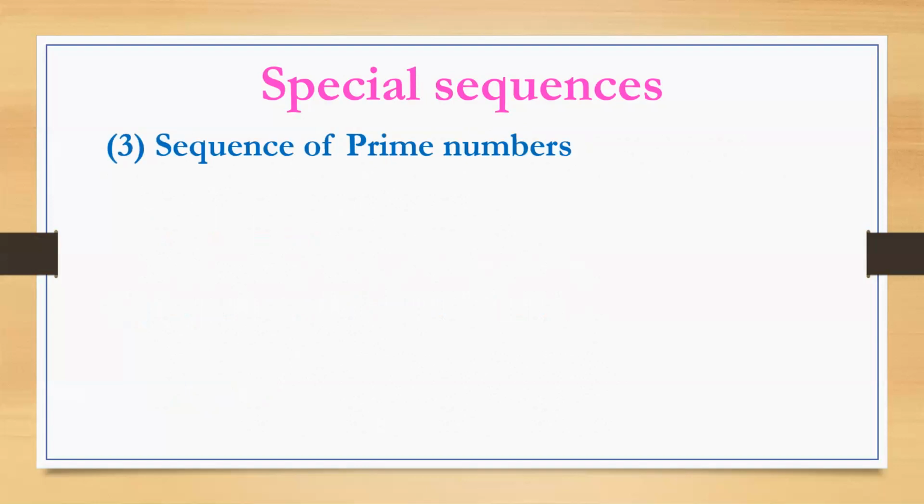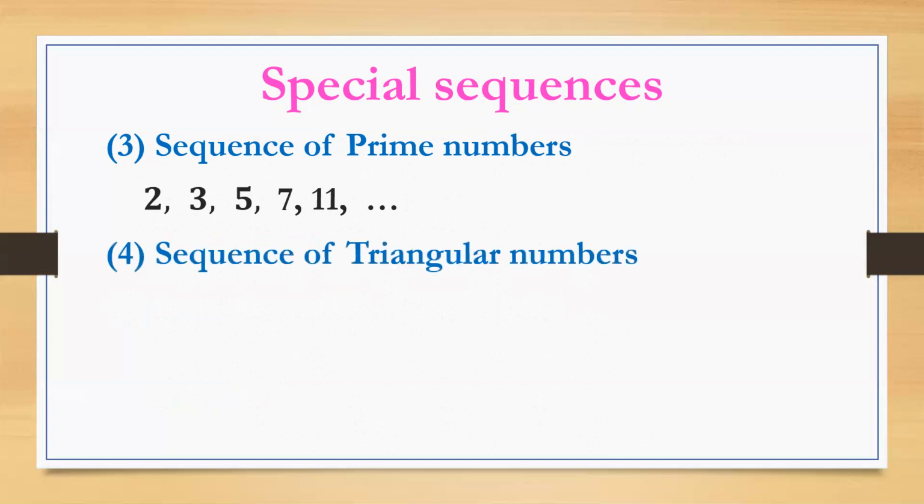Next, we have a sequence of prime numbers. So 2, 3, 5, 7, 11, and so on represent the sequence of prime numbers.